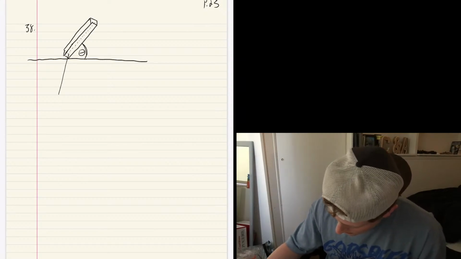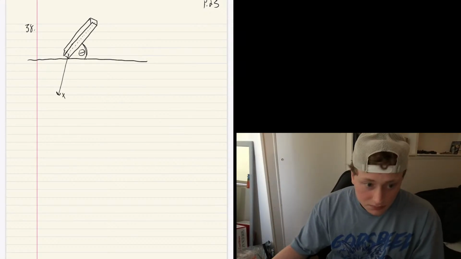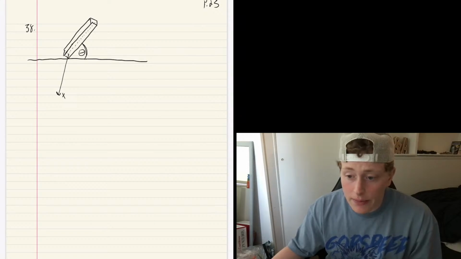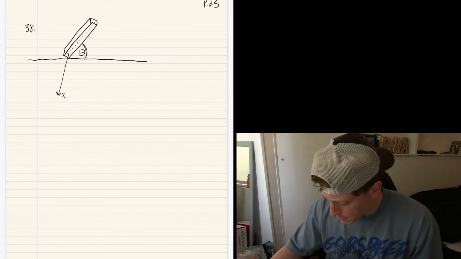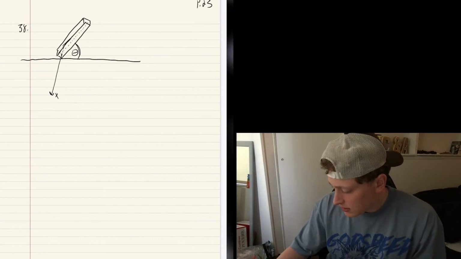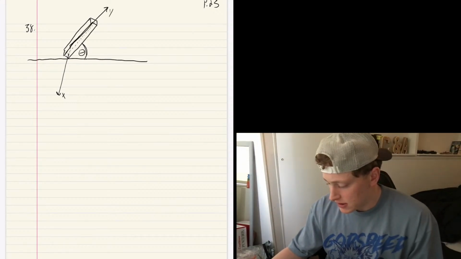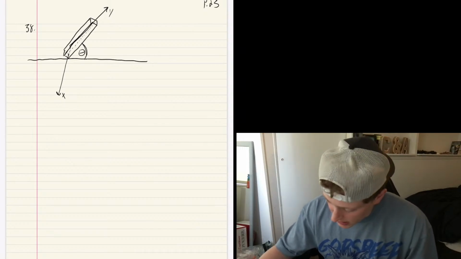Okay, this is gonna ruin the whole drawing, but this is our x-axis. What is y again? Y pointing up the slope. Okay. So y is like this. And then z is normal to the slope, right? Okay, that works. Z-axis normal to the board.